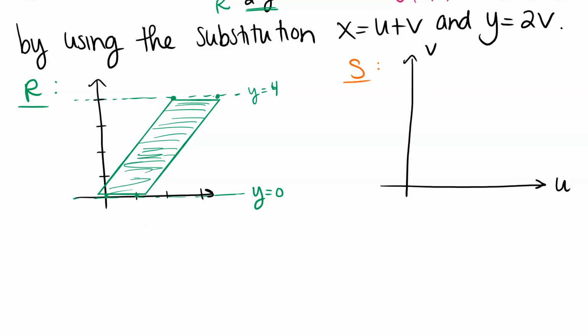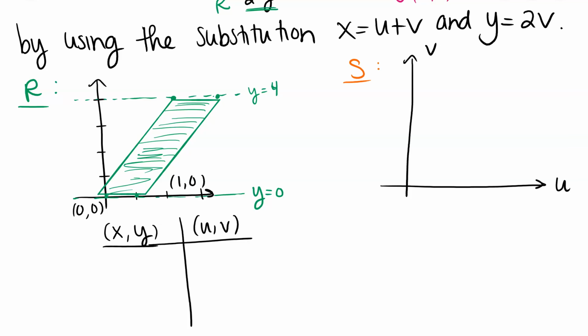So when you have something like this with lines, the easiest way to do this, and you can't do this if you don't have straight lines, since curves would be a little bit different, is to look at all of the points and see what happens to each point. So I have the point 0, 0, the point 1, 0, the point 2, 4, and the point 3, 4.